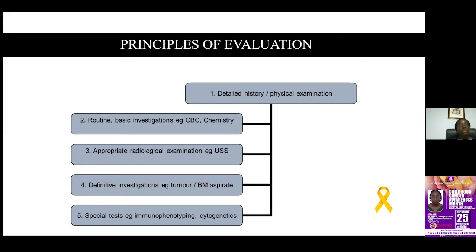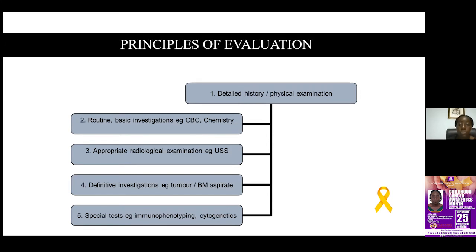With our examination, we want to examine the child fully. General examination, we're looking for swellings in the neck, in the axilla, in the groin. Is there hepatosplenomegaly? Are there any skin changes which will point us to a suspicion of a malignancy? Then we'll move on to do our basic investigations, which include our full blood count, where it is very essential. We can pick up certain points, especially when the parameters are deranged.